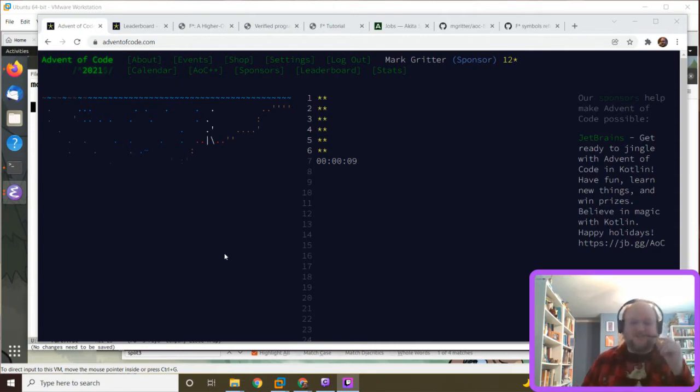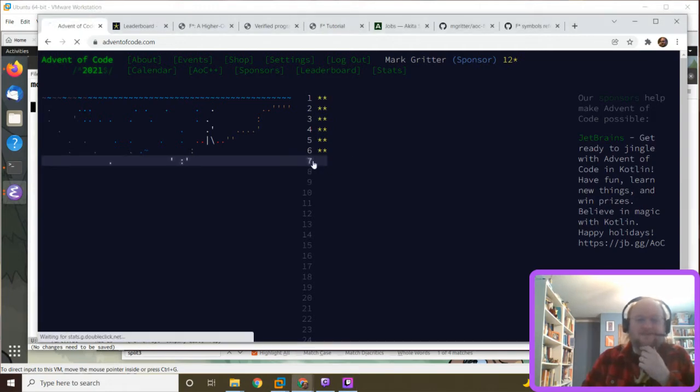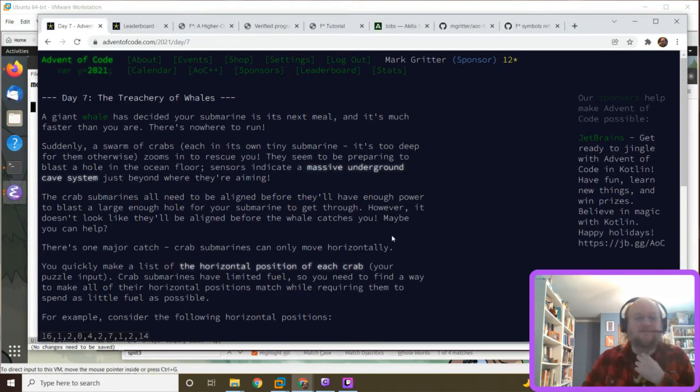We'll see. Some of the later problems in the year do tend to require that sort of optimization to do well, but we'll see. All right, here's day 7. Yesterday on day 5 we were dealing with squid. Now we've got giant whales.